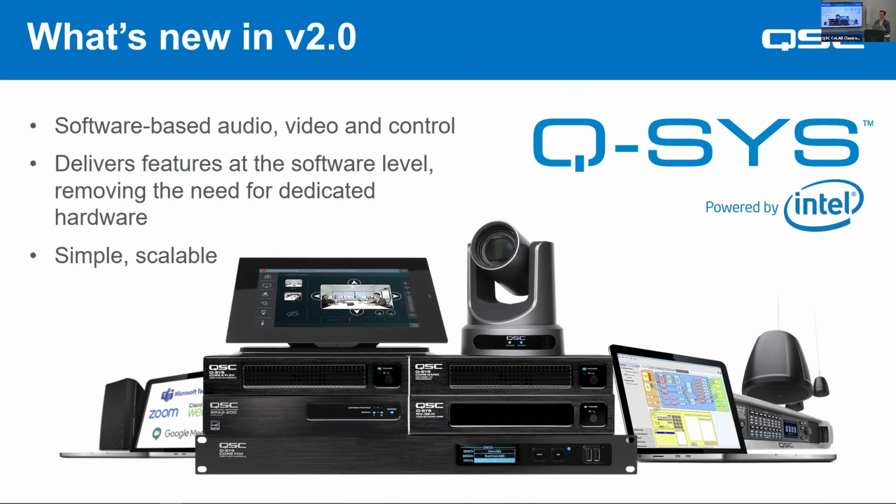We do that because we've based our platform on Intel processing, which gives us as much control headroom as we need to add things at that software level. It was a good choice that we made over 10 years ago when we standardized on Intel, and we've never looked back. It was the best choice we ever made.